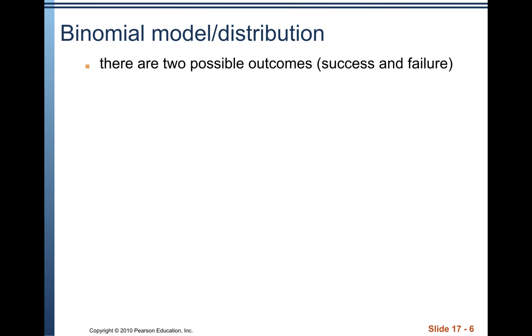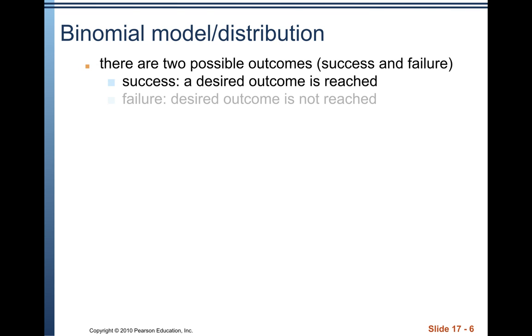We call those outcomes success and failure. When I say success and failure, I don't literally mean success and failure. In a binomial model, there is a desired outcome. We call it success if that desired outcome is reached, and we call it failure when the desired outcome is not reached.